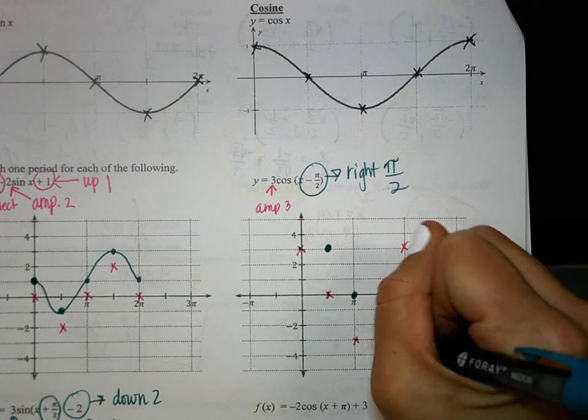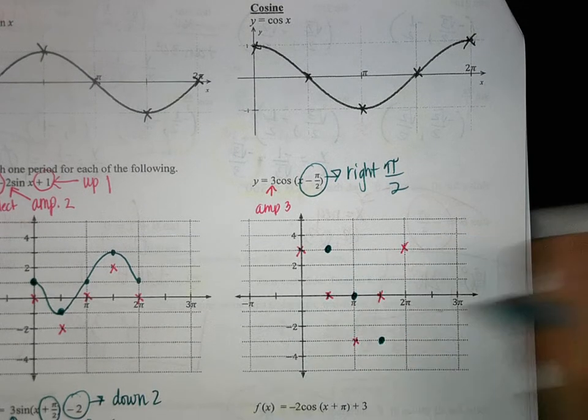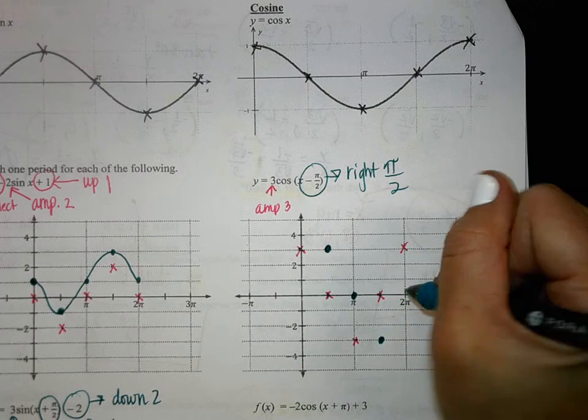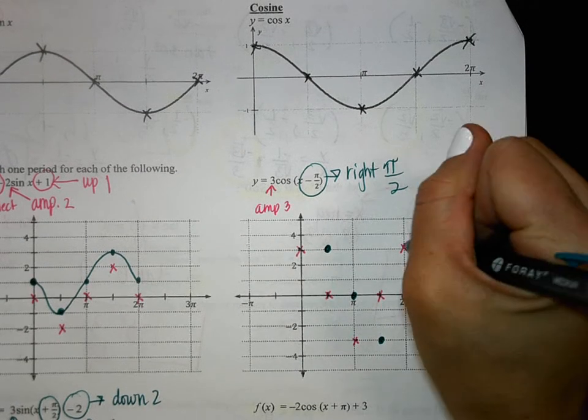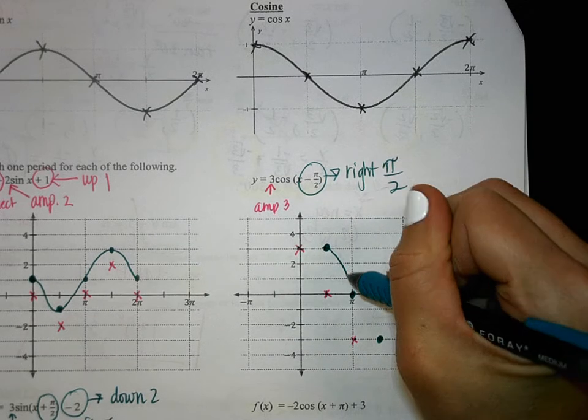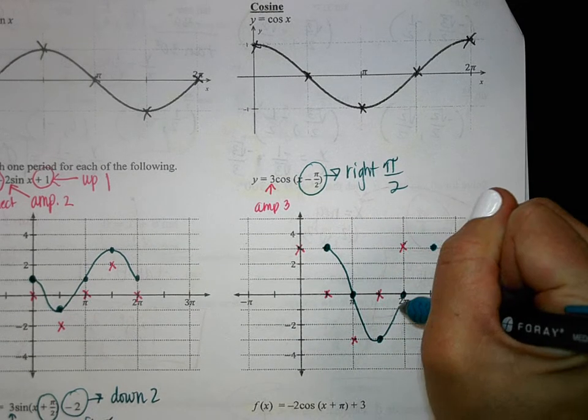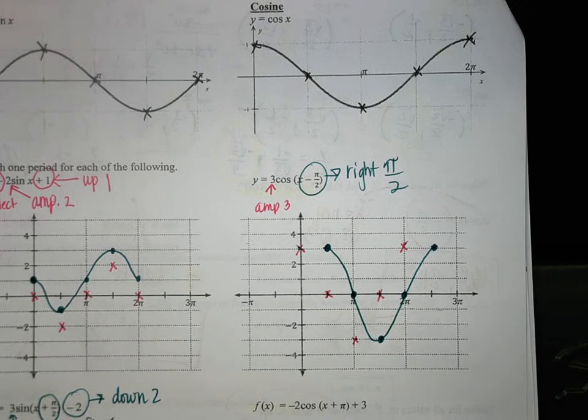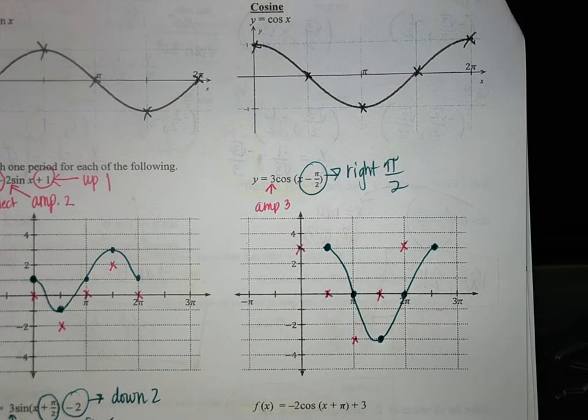Right pi over 2, make my point. Right pi over 2, make my point, and the last one. Okay, so all we're doing is translating it, and then it makes our cosine curve, which looks kind of like a U. Questions?